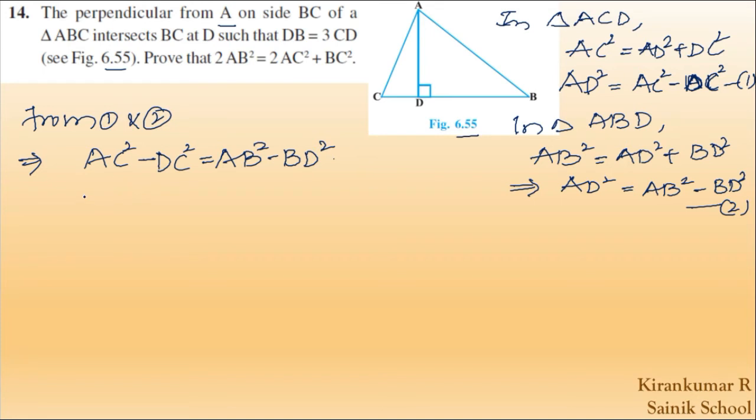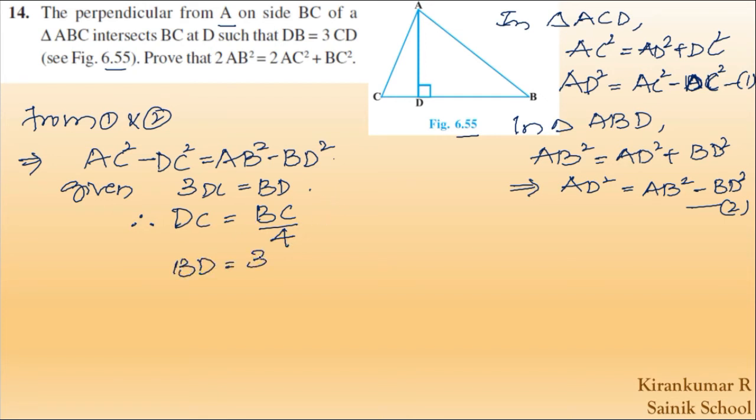It's given that 3 times of DC is DB. Therefore, DC will be BC upon 4 and BD will be 3 times of BC upon 4.